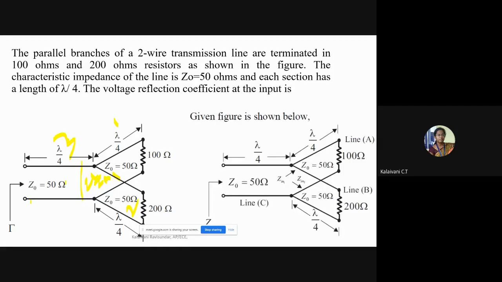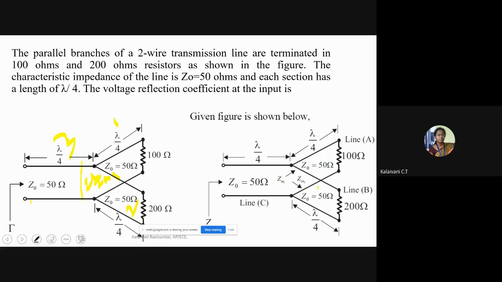So I have taken line A, line B, line C. Here the impedance is Z in 1, and here the impedance is Z in 2. After that, total Z in will be equal to Z in 1 parallel with Z in 2. After that, for K we only have to find ZL minus Z0 divided by ZL plus Z0.